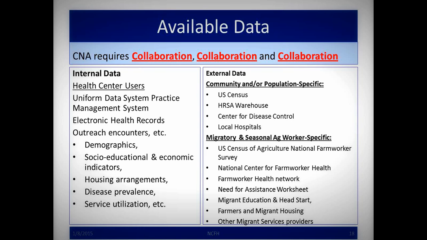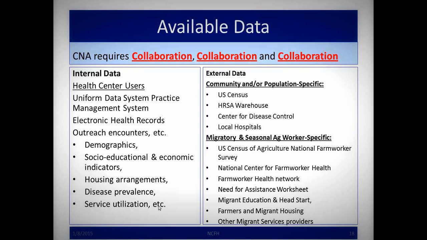So collaboration can facilitate data gathering, and can bring human and economic resources. And community health centers already collect an incredible amount of data from the community residents they serve. For example, when you analyze your UDS data or your practice management systems or your electronic health records or your outreach encounters, you can find a lot of demographic information as well as social and educational indicators, housing arrangements, disease prevalence, service utilization.